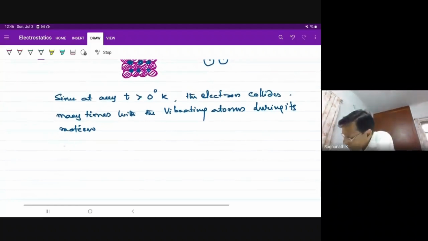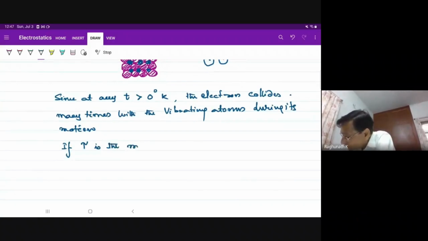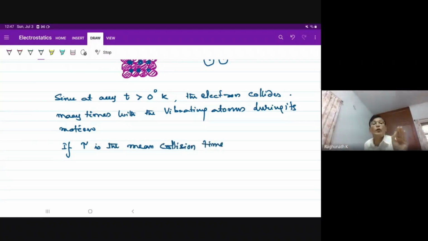If tau is the mean collision time, the average time between two successive collisions, somewhere it is more than tau, somewhere it is less than tau.